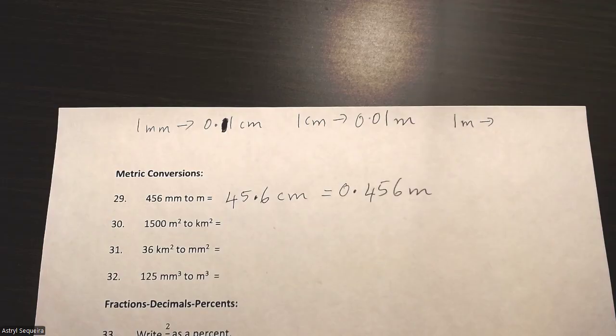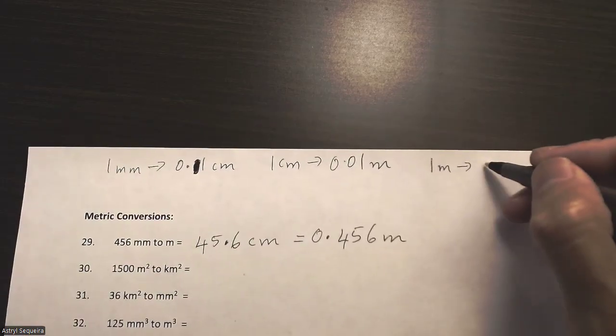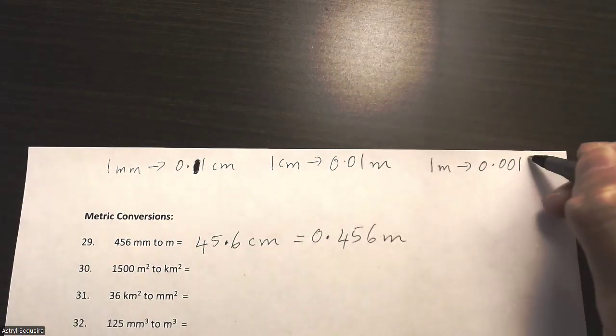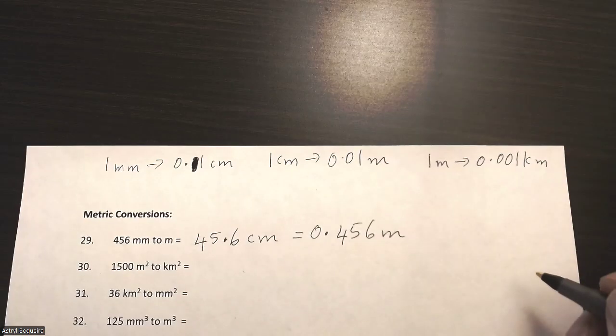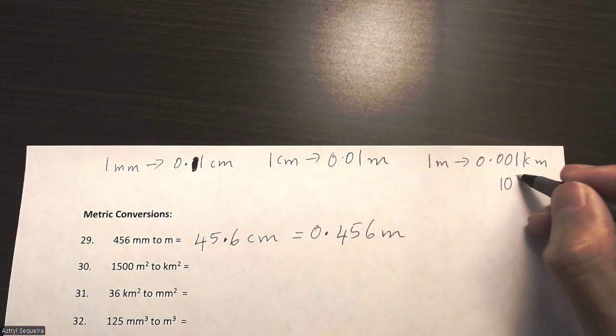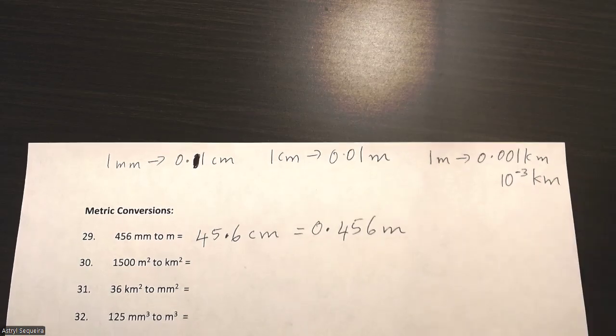If I have meters squared, I have to square that. So 1 meter is 0.001 km, or basically 10 to the negative 3 km if you're thinking about scientific notation.